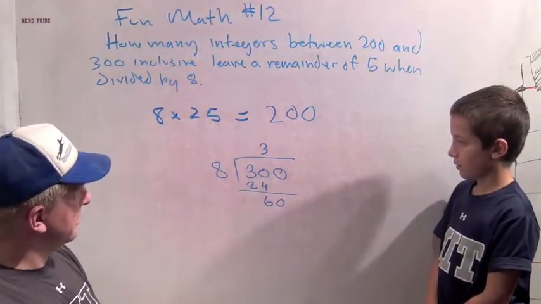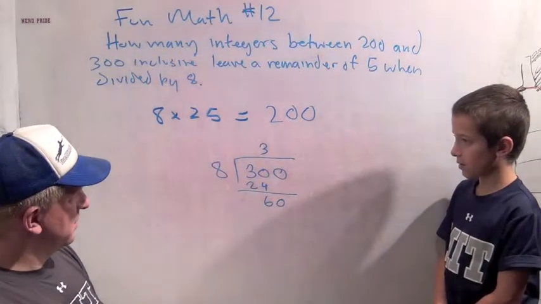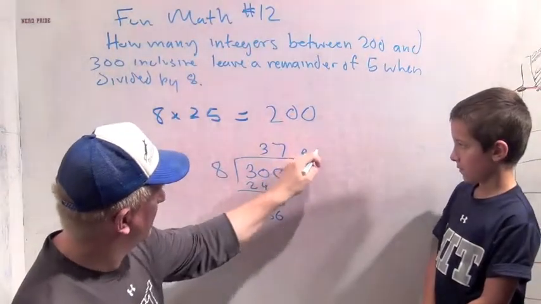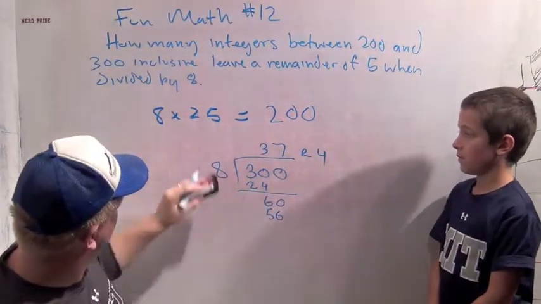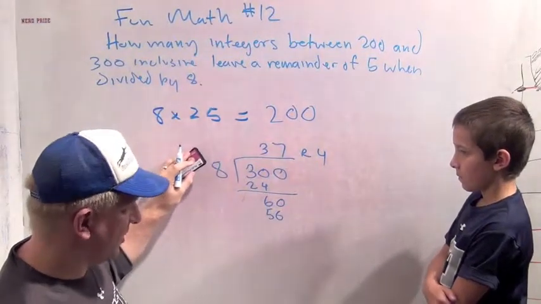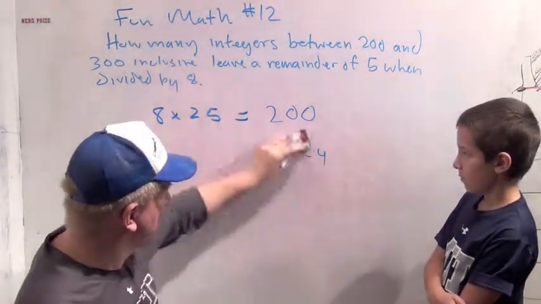How many times does 8 go into 60? 7, 56, remainder 4. Okay, so 8 times 37 is 296.